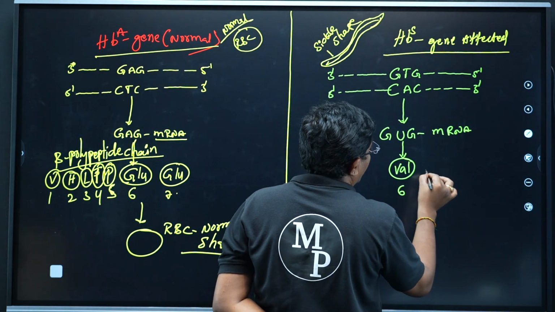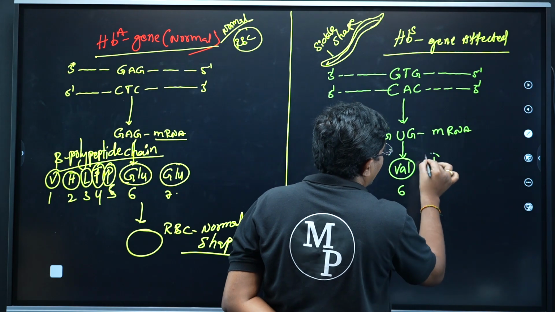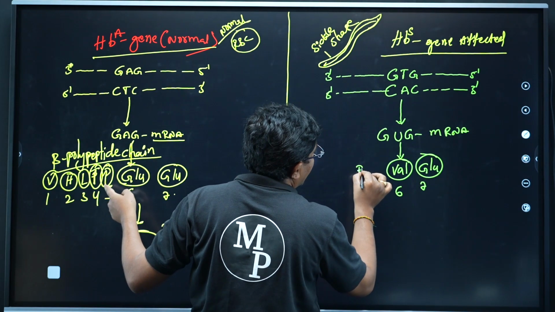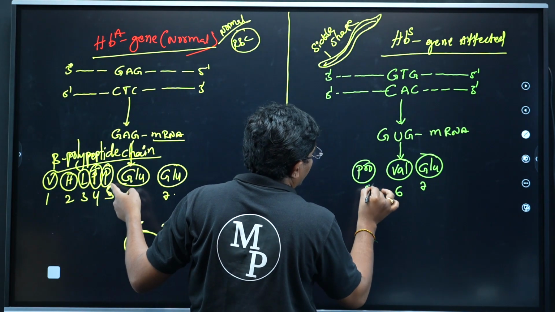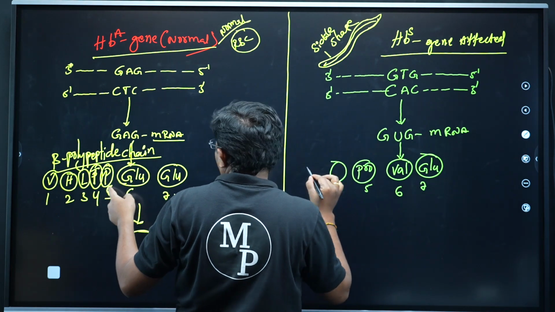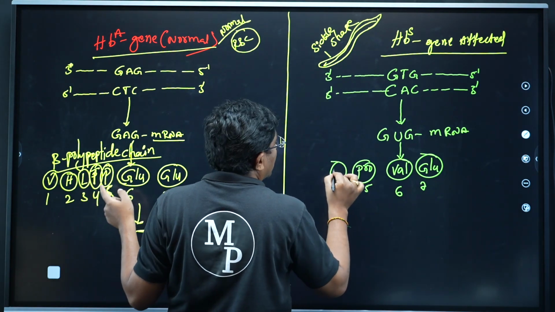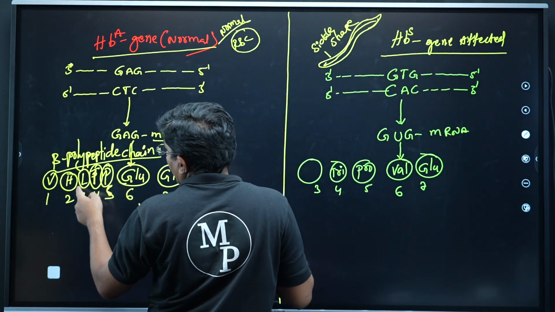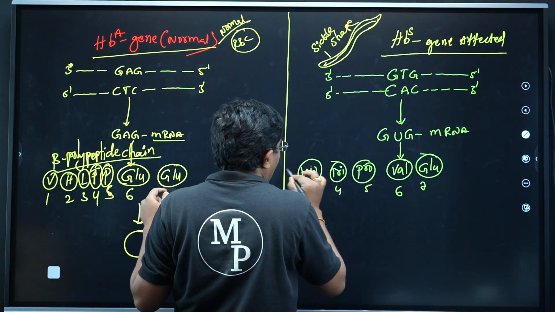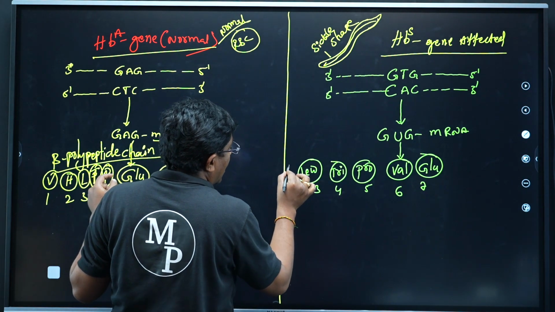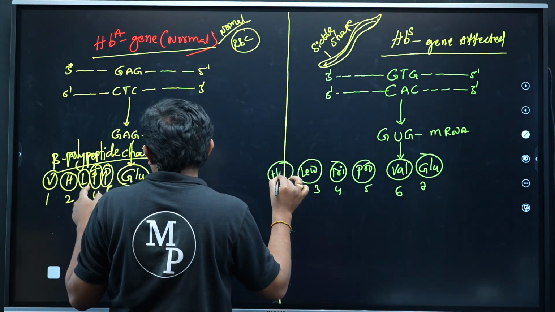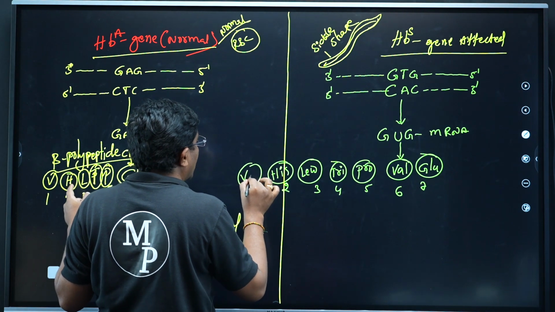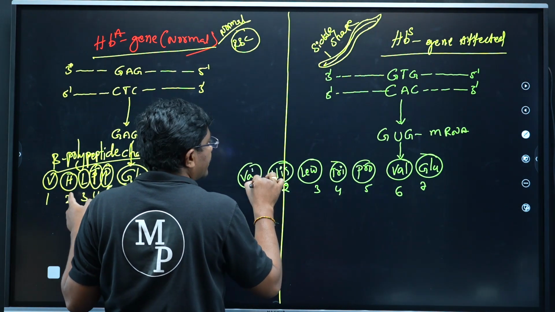And seventh position as usual glutamine is there, and fifth position as usual proline is there, fourth position as usual threonine is there, third position as usual leucine is there, second position as usual histamine is there, and first position as usual valine is there.